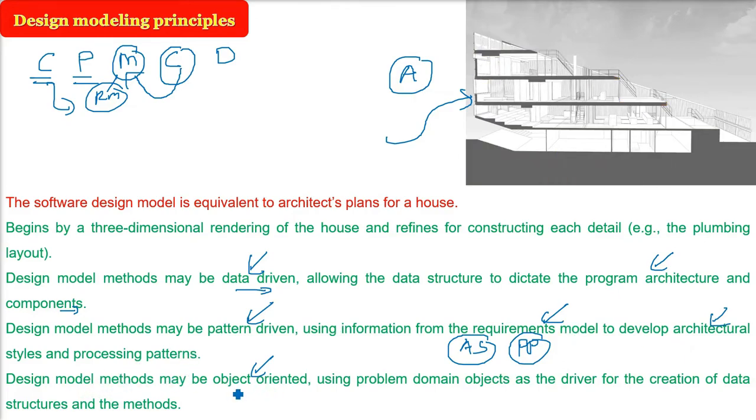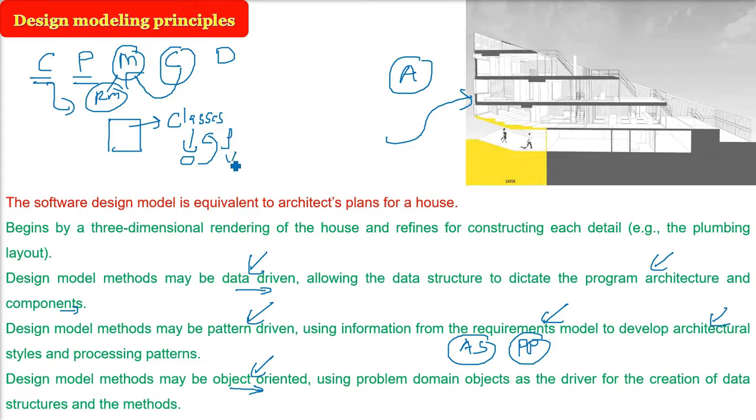Now if it is object oriented, design model methods can be object oriented. That is, first you understand the problem, then you make the classes, and then from the classes the different instances are made, which are called objects. These objects will have functions and variables.